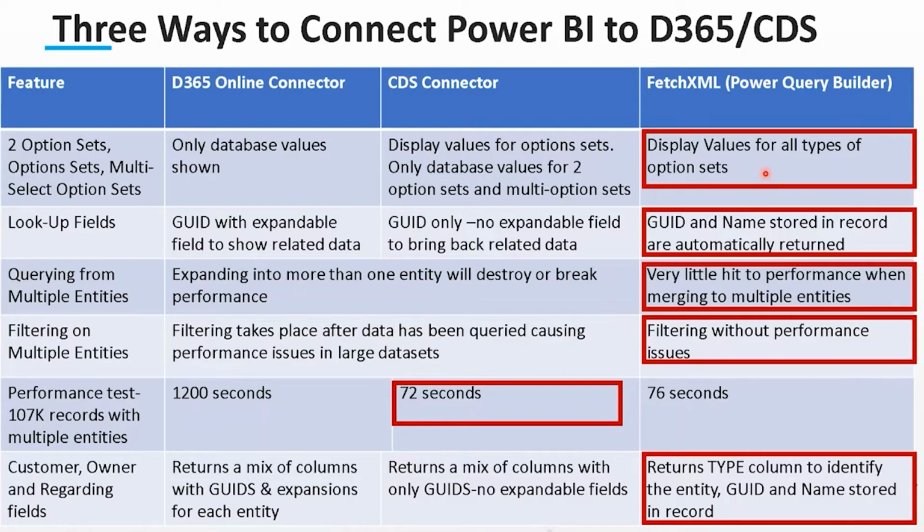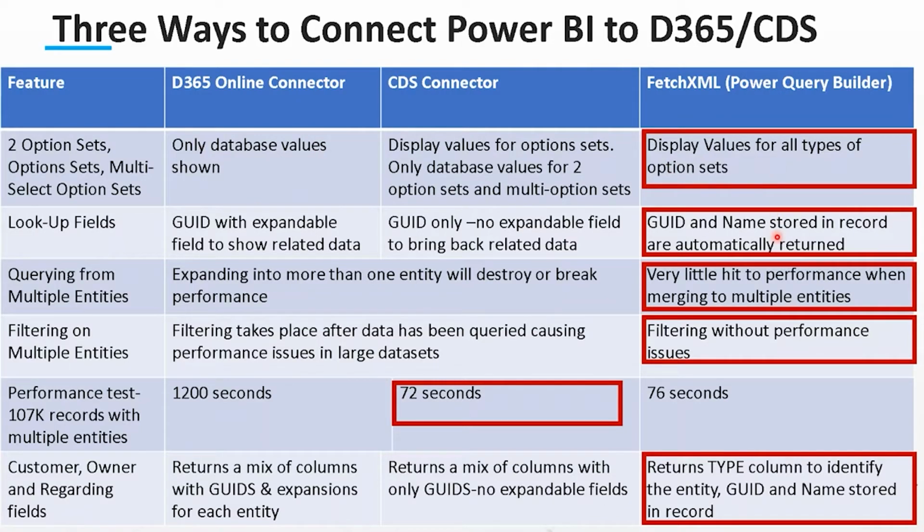And so for most reporting purposes, database values are pretty useless. And back in the early days when I was creating Power BI reports without Power Query Builder, I used to spend lots of time building static tables to be able to identify the display values, because all I was pulling back was the database values, and that's what you get with the Dynamics 365 connector. So this is a big improvement there.